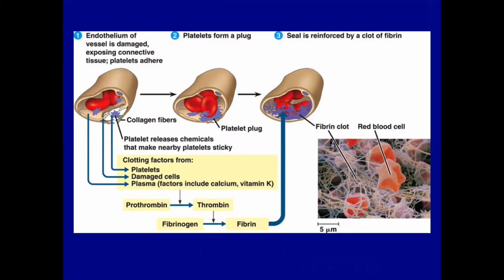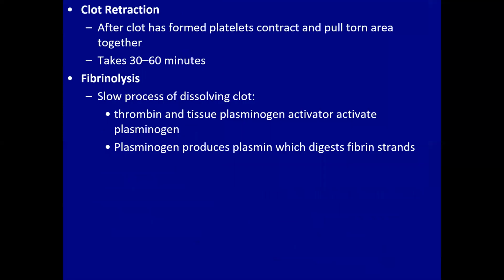And here is a great overview of everything that I just said about hemostasis. So once the clot has formed, the platelets are actually going to contract and pull the torn areas together with the hope of fixing the vessel itself.